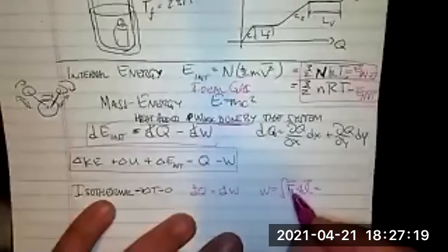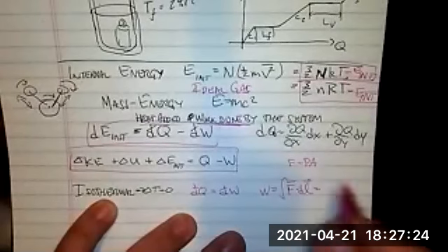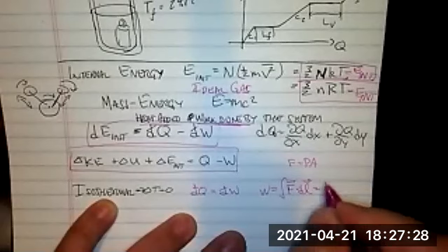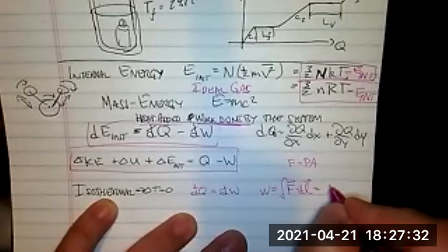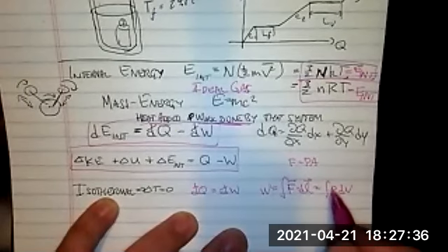So remember, work is equal to the integral of F dot dl, which if you see F as equal to pressure times area, and then dl would be the distance, you could see that this is pressure times A times dl, which would be the integral of P dV. So pressure integrated over dV would give you the actual work.